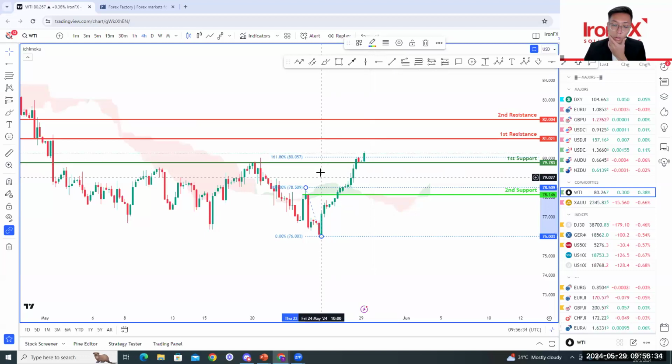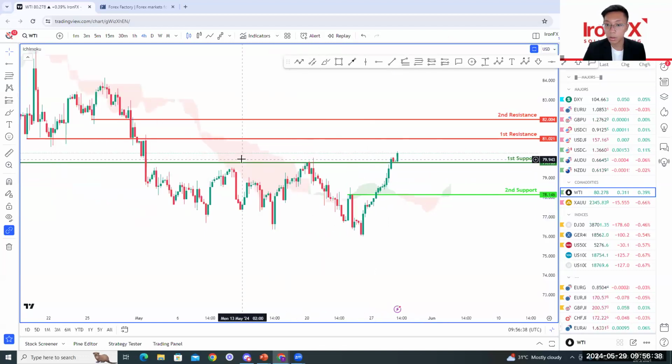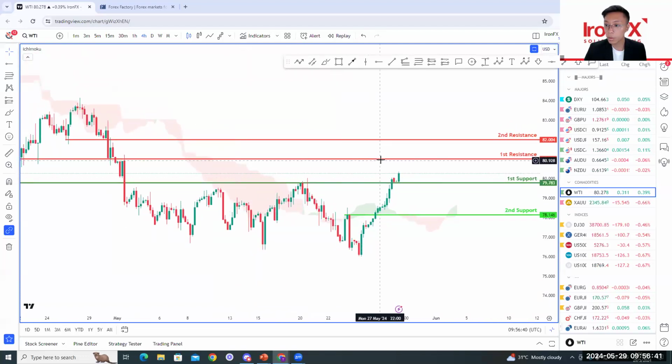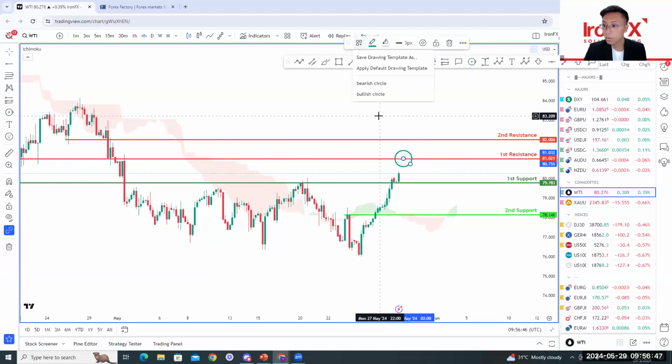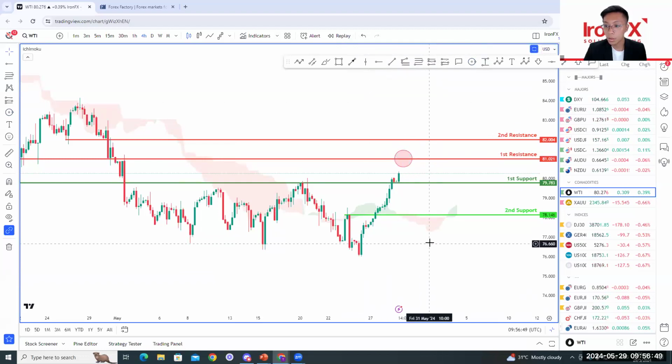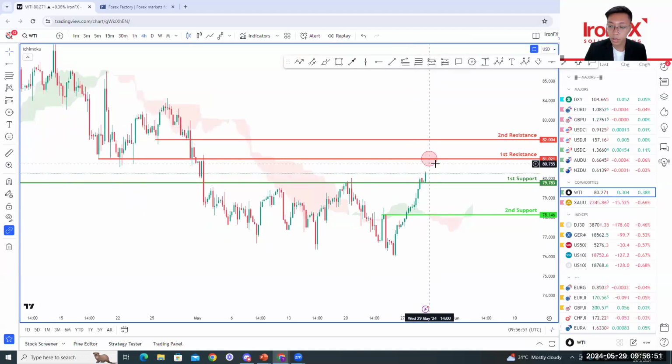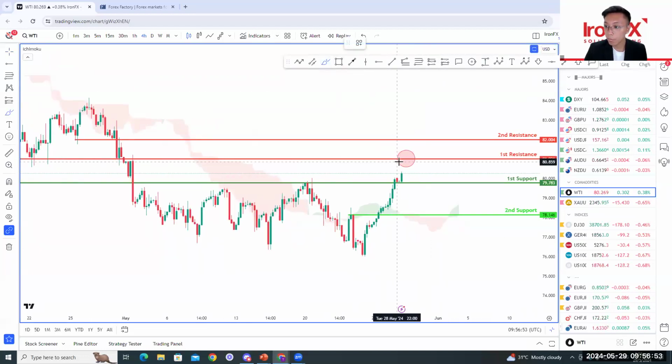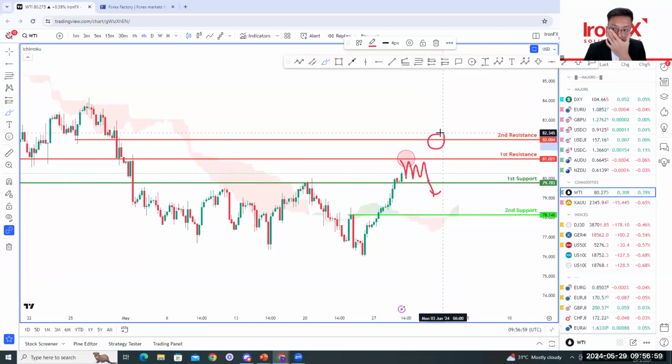Oh, you already broke. Okay, I tried to draw an extension, but you already broke 161.8. So the next level I'm looking at would be showing some rejection right about this area right here. Bearish circle. Okay, so once price reach this area, we can expect fluctuation either here and then come down to this area or continue to the upside here.